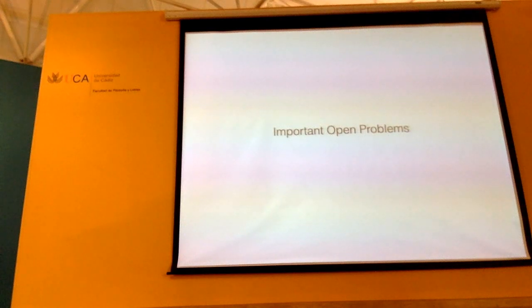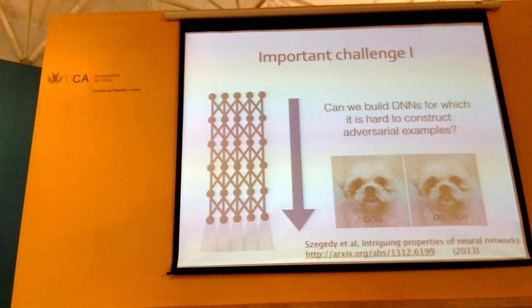Okay, so we are asked to also mention some important open problems, and one important challenge, I think, is to take the adversarial examples that have been mentioned earlier. So just to explain again what it means, the classic demonstration that was in this paper, not with this image actually, but I used this one here for illustration.